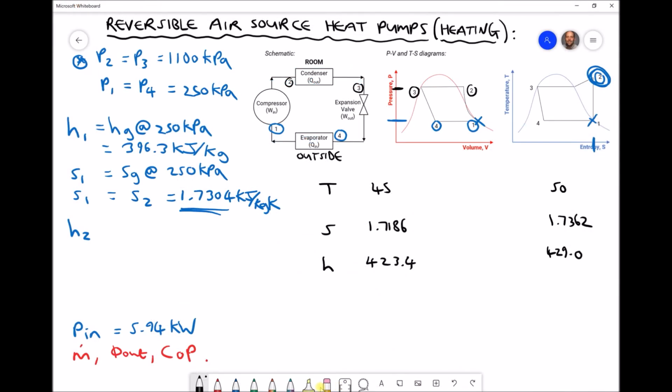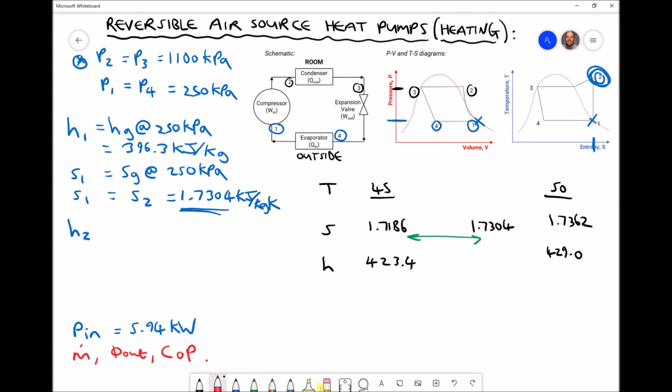Okay, so now we have our values corresponding with 45 degrees for entropy and enthalpy, and we have our values corresponding with 50 degrees for both entropy and enthalpy. Now, as we know, at position 2, our entropy is 1.7304. So once again, it sits somewhere between the upper and lower limits there. We need to determine this distance as a fraction.